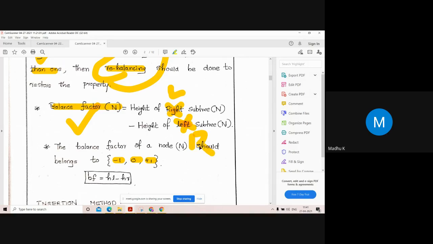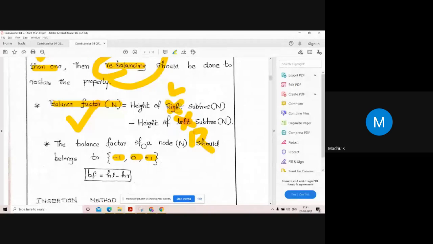This is actually the true one. I wrote it wrongly. Please note that: height of left subtree minus height of right subtree.